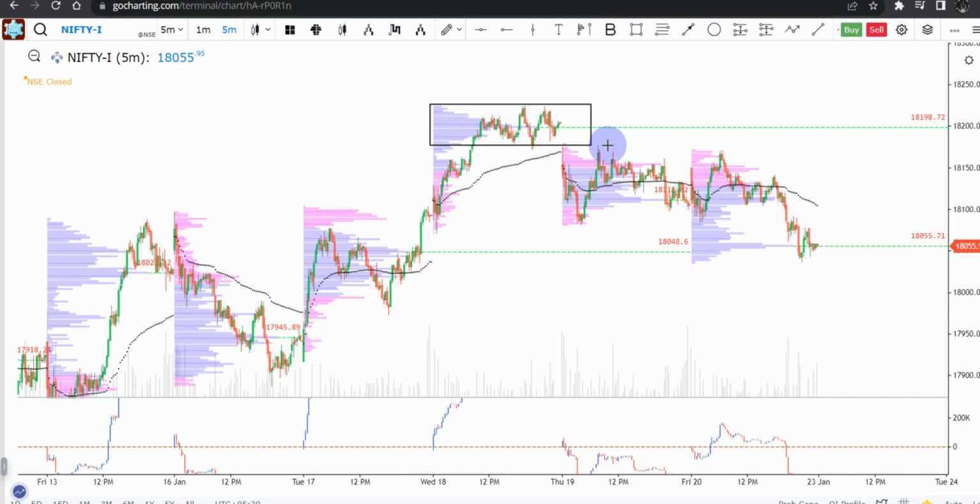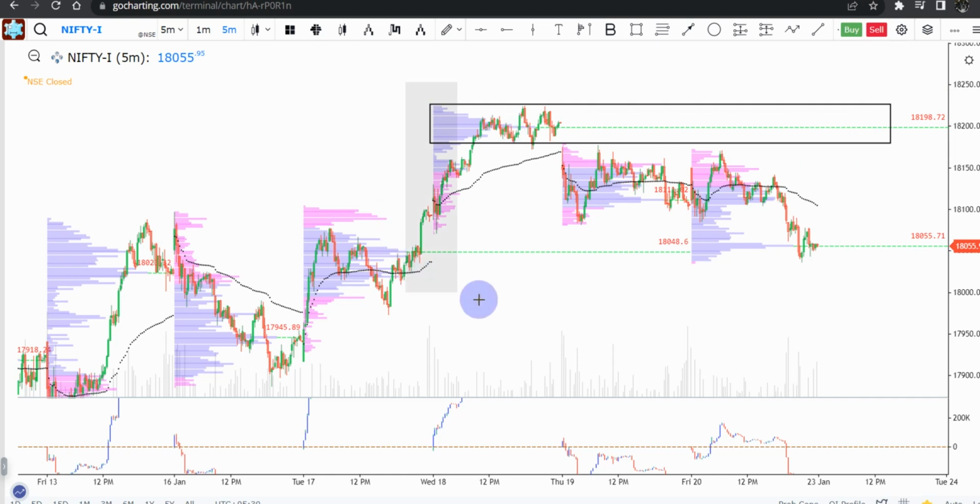Either the market tests the top of this zone after breaking out from here, and then maybe a fall down, and so on. But to come down and move out of here another 100 points, the probability is very, very low, and on a Friday even lower, is what I think.